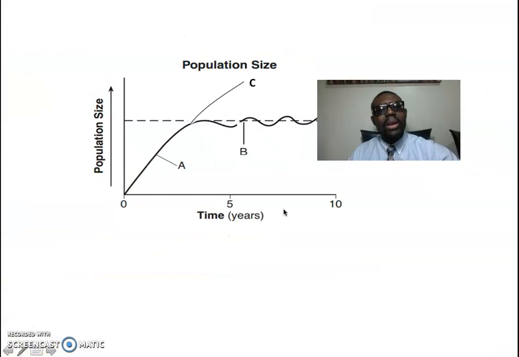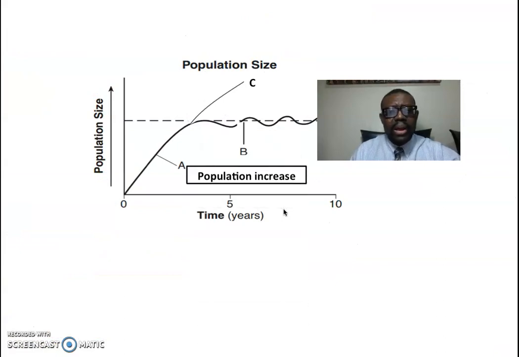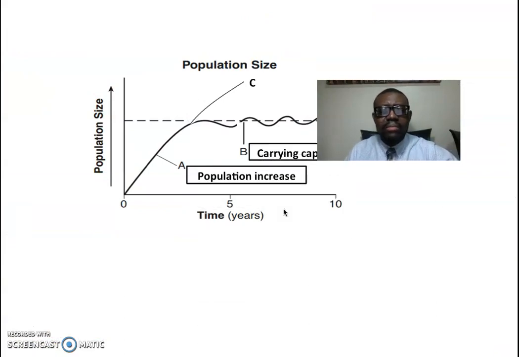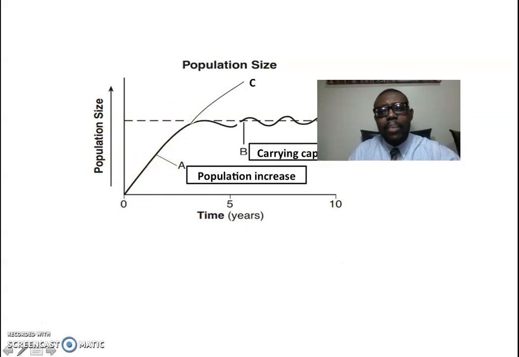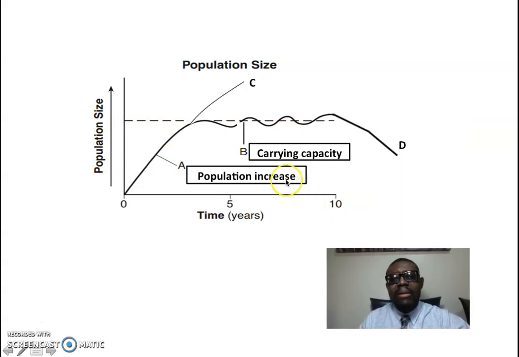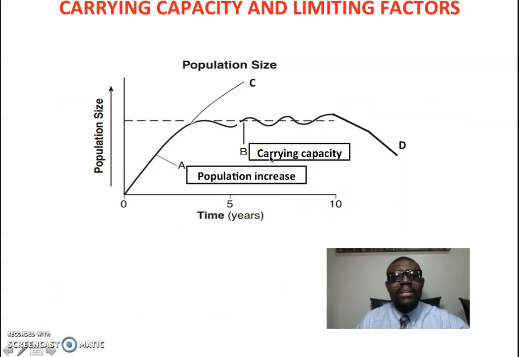Now let's look at the population graph. At point A, the population is going up, the population is increasing. B is the carrying capacity. Carrying capacity means the maximum number of individuals that the environment can support.